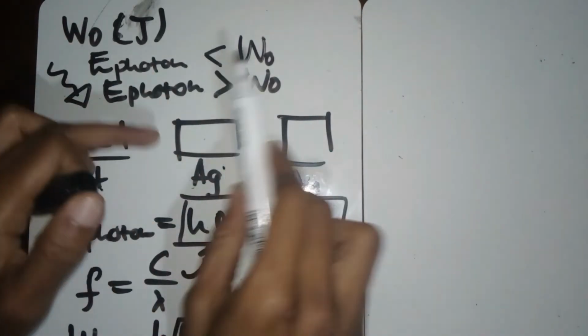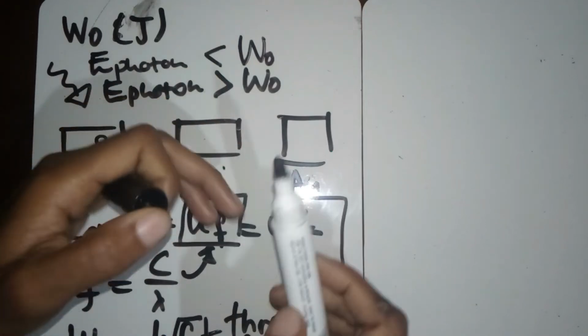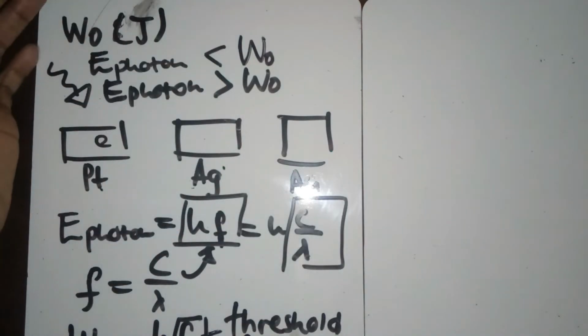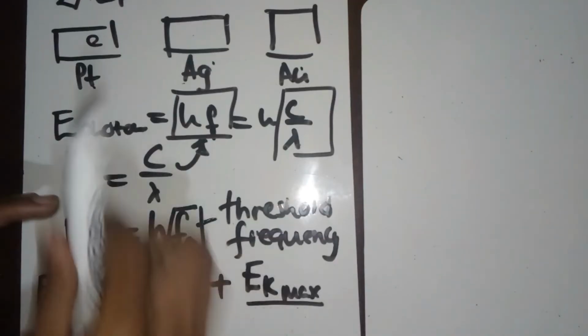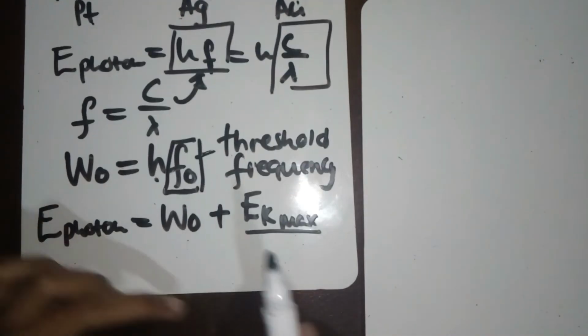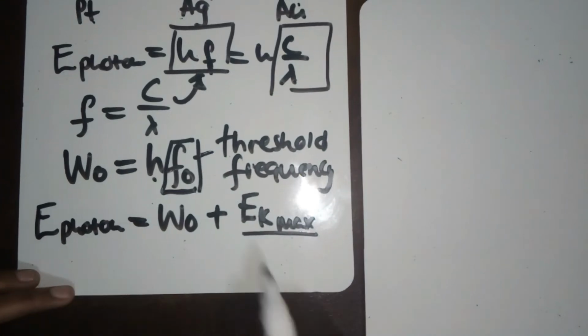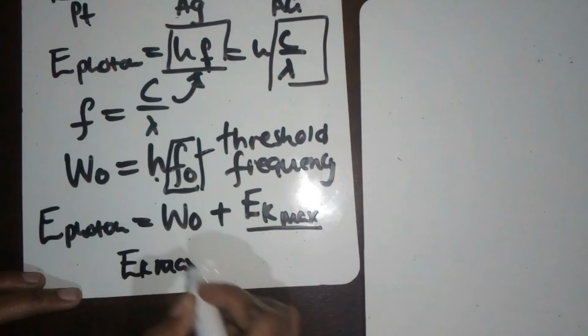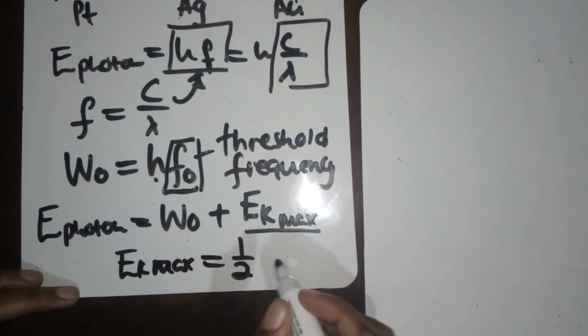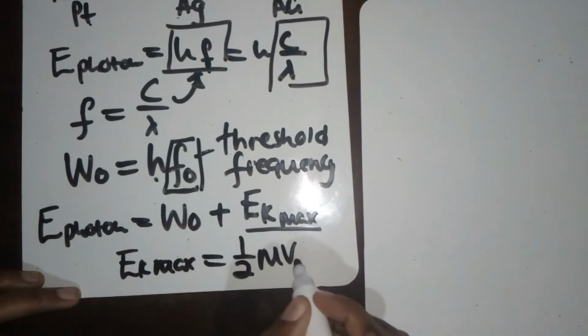That excess energy, remember the conservation of energy: energy cannot be destroyed or created, it can only be transferred, so it will be transferred into motion, into kinetic energy. So that's why we have this kinetic energy over here, and that EK kinetic energy, we know that it's given by a half m v, so that's actually going to be v max squared, right?